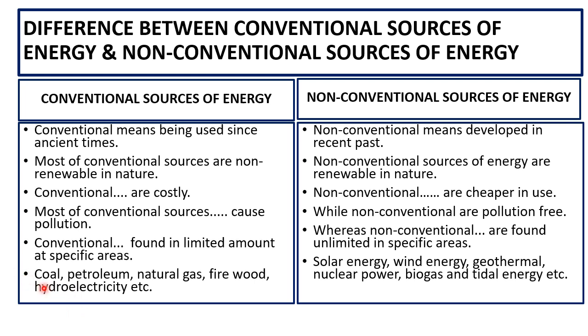Examples of conventional sources of energy: coal, petroleum, natural gas, firewood, hydroelectricity, etc. While examples of non-conventional sources of energy are solar energy, wind energy, geothermal, nuclear power, biogas, and tidal energy.